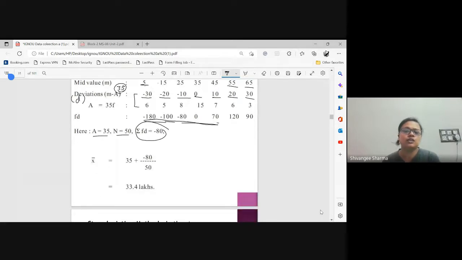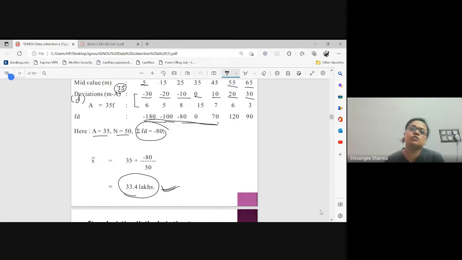You just put it in the formula, and then you will be getting your answer, which is 33.4 lakhs. The answer will not change because it is only the method that has changed, and it's up to you whether you want to use the shortcut method or the long method.